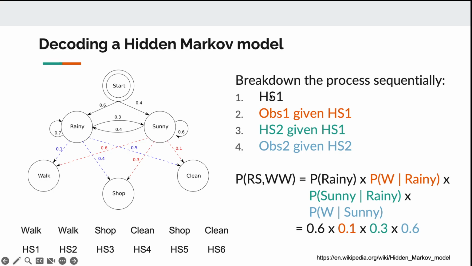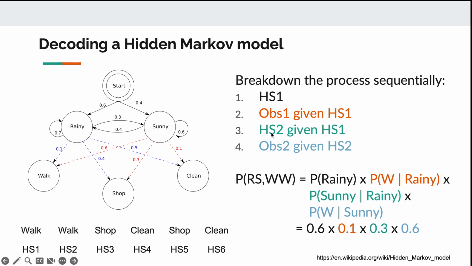The first day, whether it's rain or sunny, must happen first. And then the people, like your South Korean idol, who were affected by that weather situation, do the activity. So the observation that you get is given the weather state for the first day.